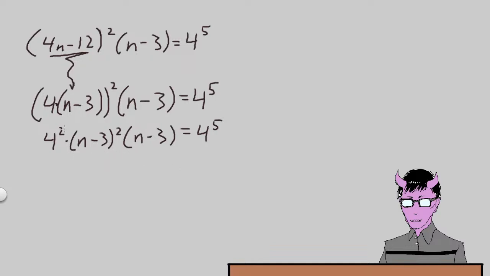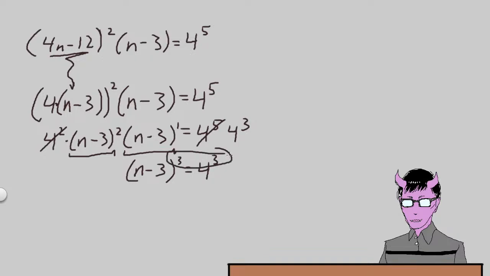It's looking pretty good. We can divide by 4 to the power of 2, so subtract 5 minus 2 is 3. We can consolidate this base with this one by adding the exponents. So n minus 3 quantity cubed is equal to 4 cubed. The exponents match up, but they're not even, so we can consider them gone at this point.